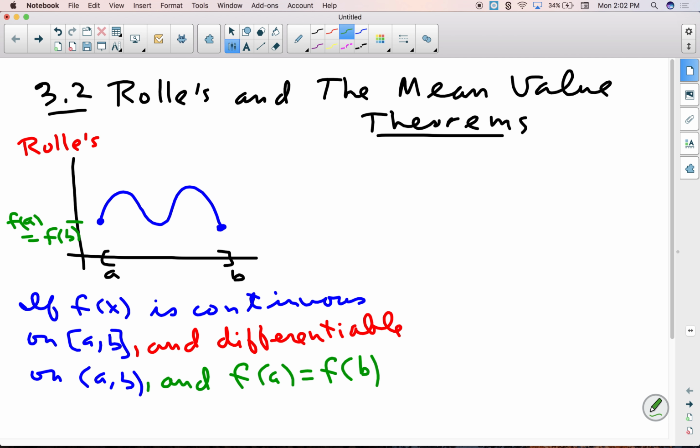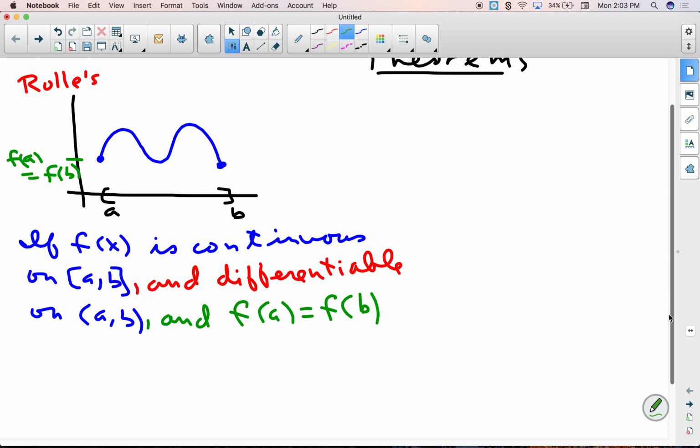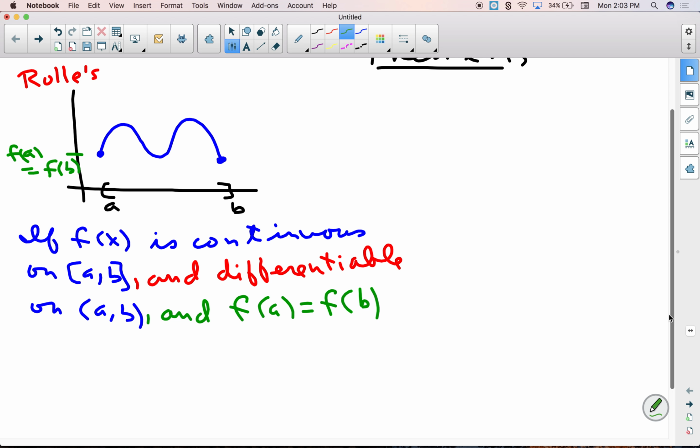So when that is the case, what Professor Rolle said is that there's got to be at least one value of c inside this open interval, where the derivative at c is 0.